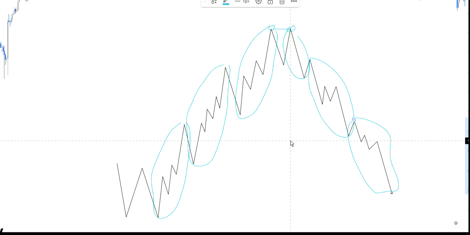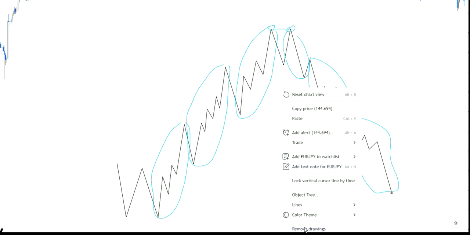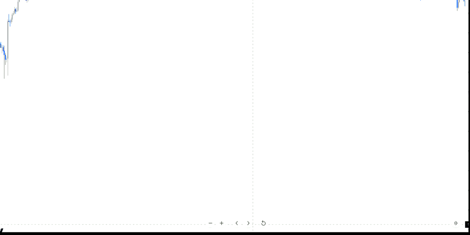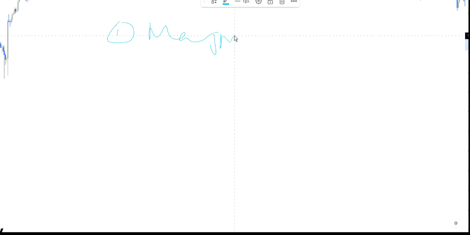So if you get me, you have to categorize these levels into two types. The first type is the major level. This is what we call a major level, and the second one is the minor level, a minor level inside.